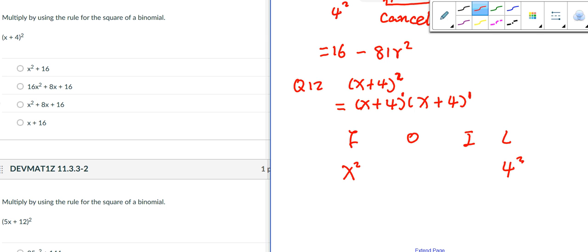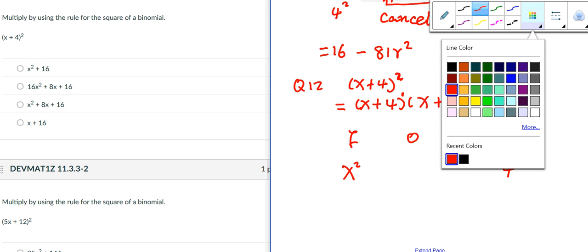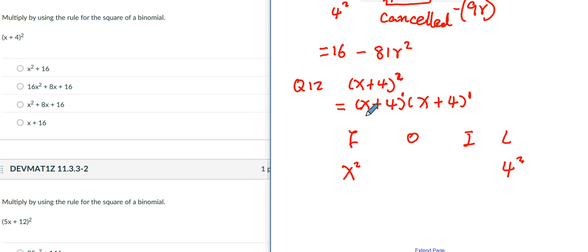You see again here the first term and the last term, they are the same. But what seems different here is they are the same sign.